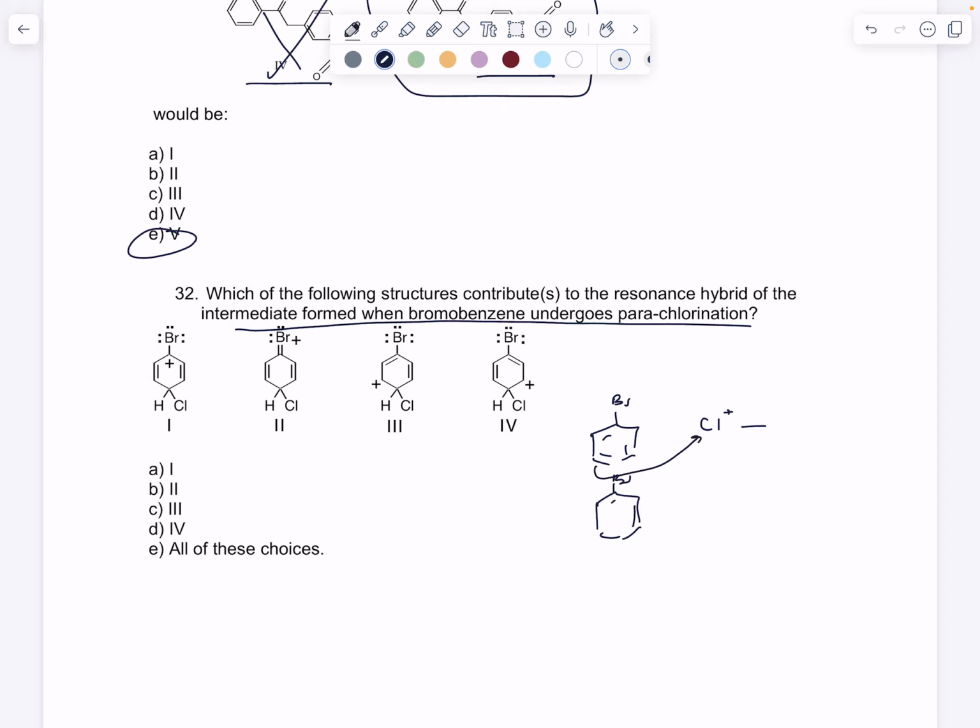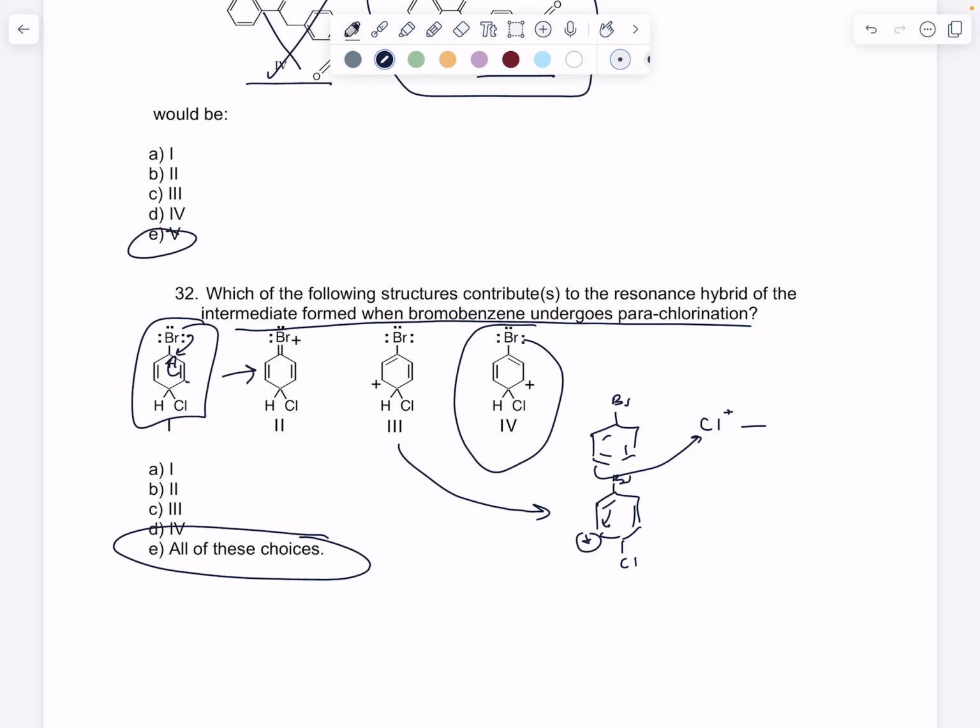I'm going fast. And so this and this are still unaffected. And so then we just see, are all these carbocations in a legitimate place? So if this arrow swung down, we would get this. And then the bromine lone pair could give us that. So that's legitimate. Or if from this is the one we had drawn there, so that one's legitimate. And then if from here, if this swung up, we would get this. So I think all of these choices are correct.